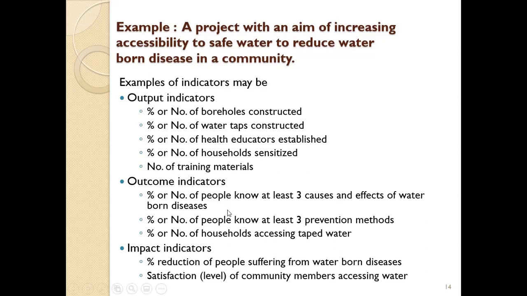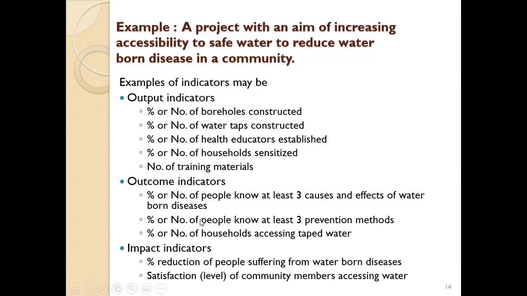And for outcome indicators, you could have a number or percentage of people knowing at least 3 causes or effects of waterborne diseases. If you have delivered, maybe constructed boreholes in this community, do these community members know why such boreholes are important, and therefore should be able to know the causes and effects of waterborne diseases?